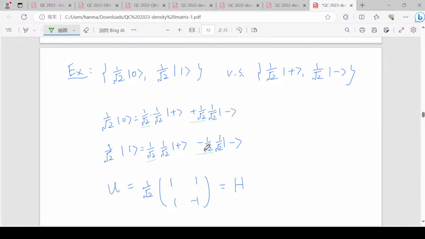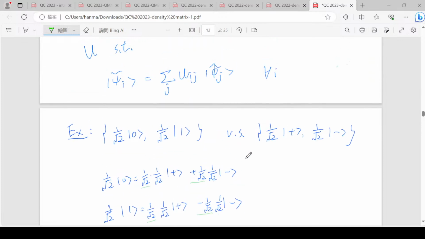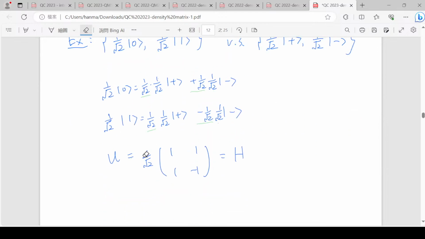So you compare those things to the equation here. Those are the phi_j tilde parts, and the coefficients u_ij are those 1 over square root 2. So this is basically u_11, u_12, u_21, u_22, and our u is 1 over square root 2 times the matrix 1, 1, 1, minus 1.